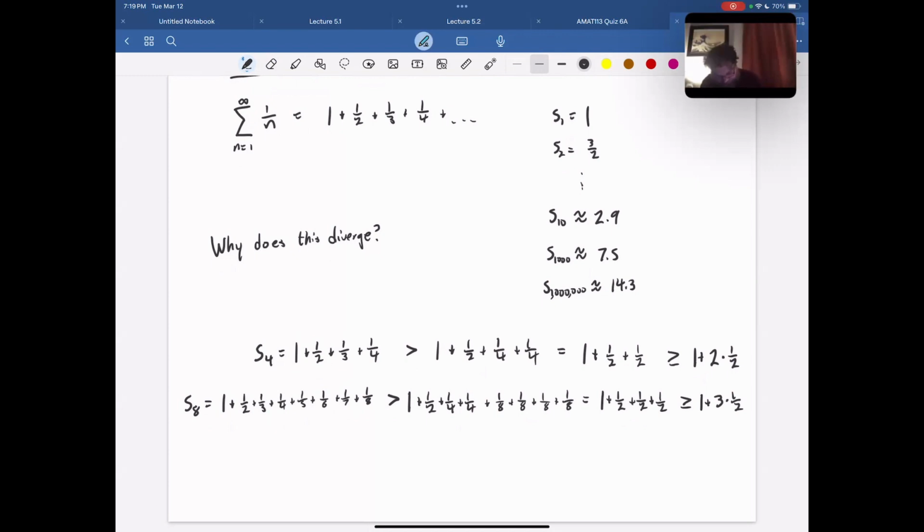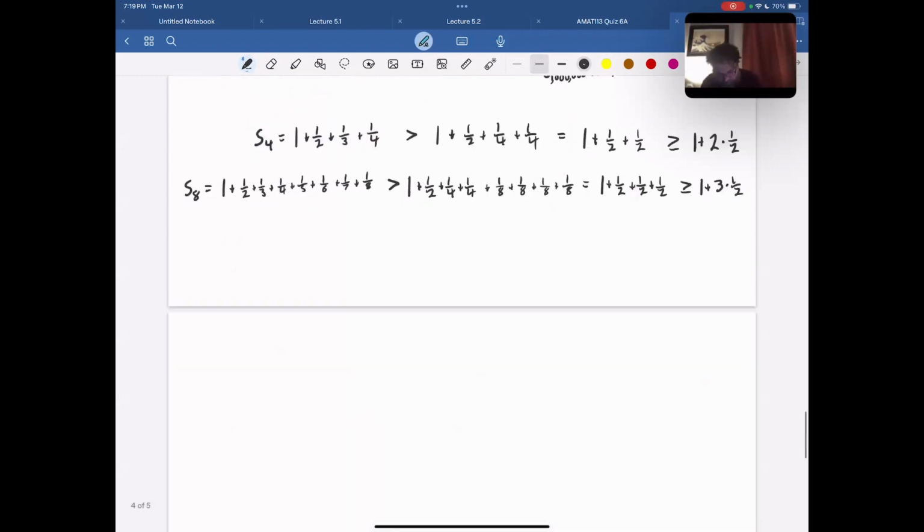And in general, for any kth partial sum of the form 2 to the k, that is a power of 2, S sub 2 to the k is always going to be greater than 1 plus k times 1/2.